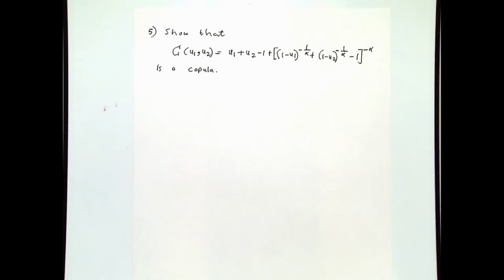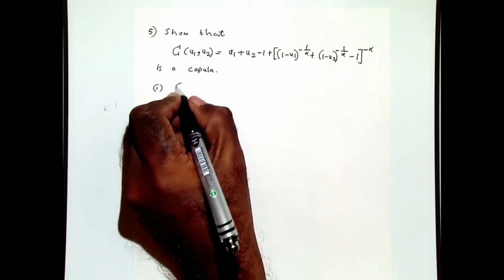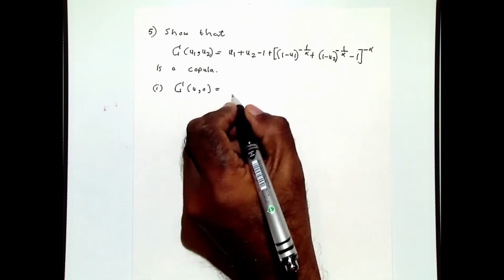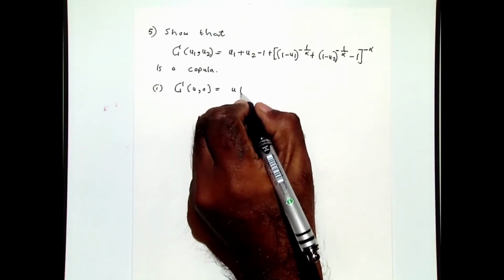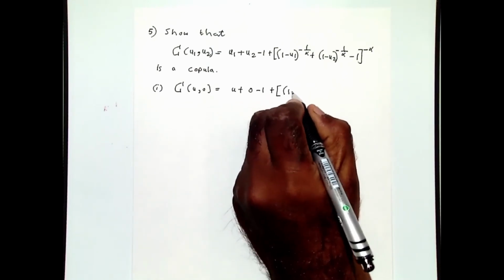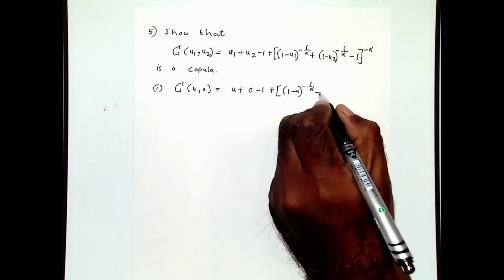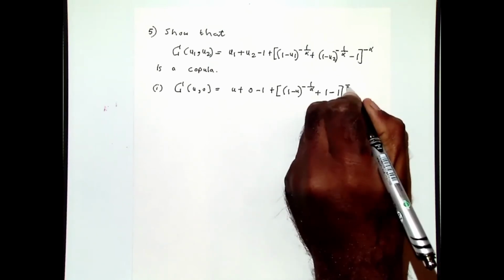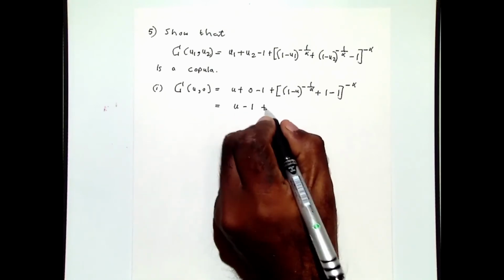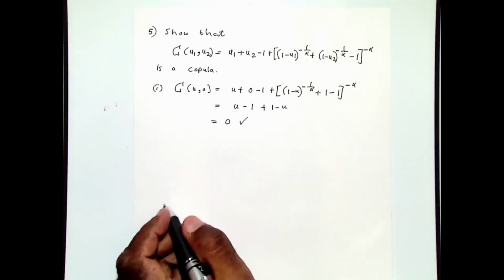Right. Okay, so condition 1 is this. You put u and 0, so it's going to be u plus 0 minus 1, in brackets you have 1 minus u. Okay, so this becomes u minus 1 plus 1 minus u, which is 0. So condition 1 is satisfied.